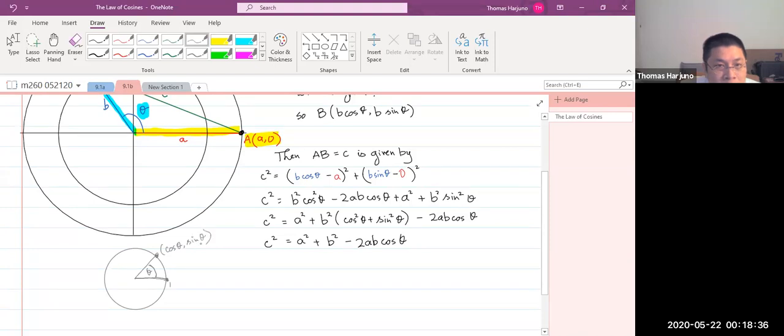Remember that? Cosine theta for the x component, sine theta for the y component. Now extend this by a factor of b. If you stretch that by b, the coordinate here will multiply by b.